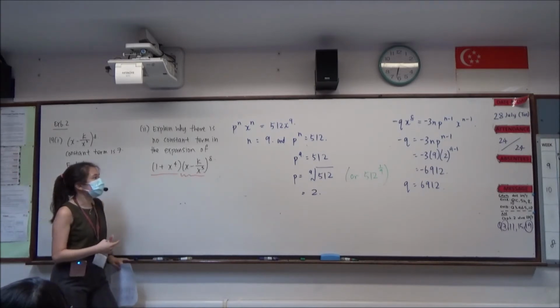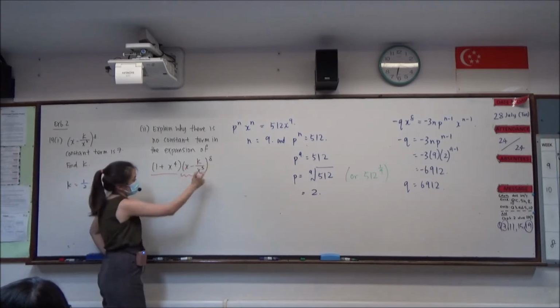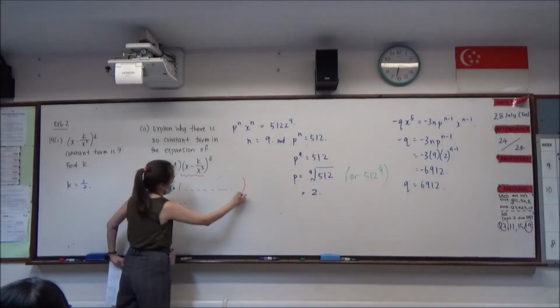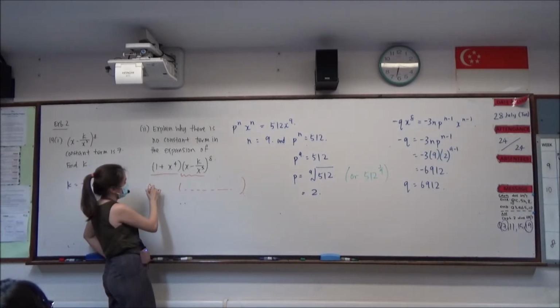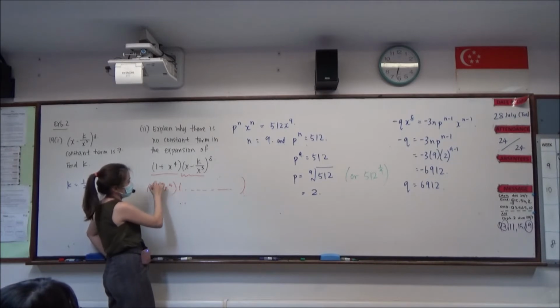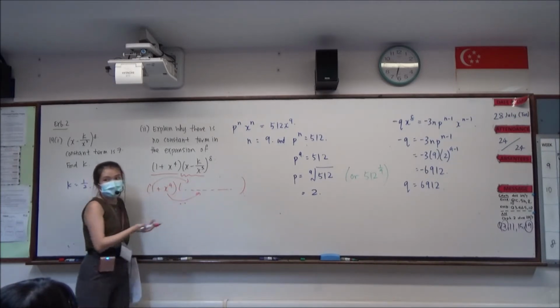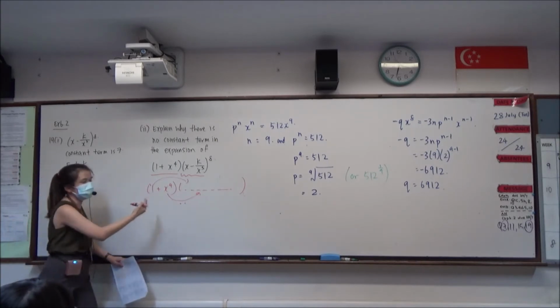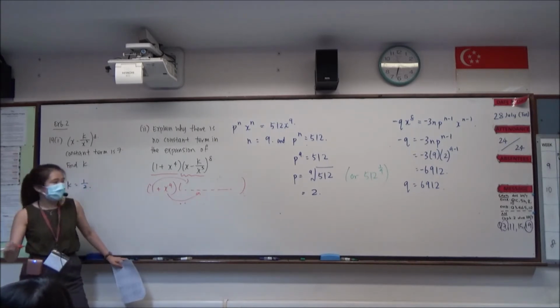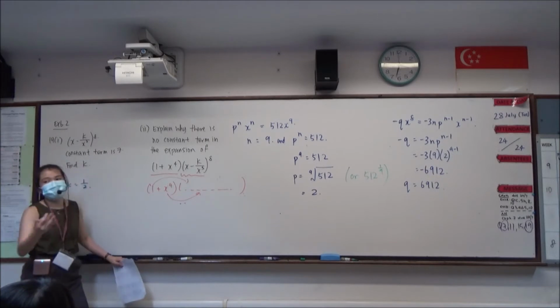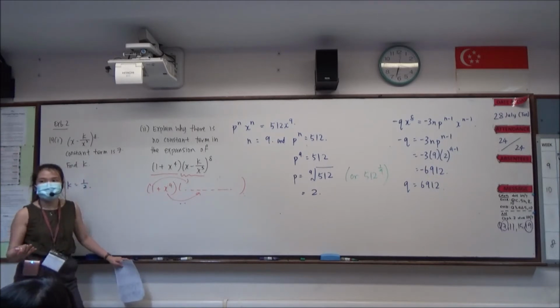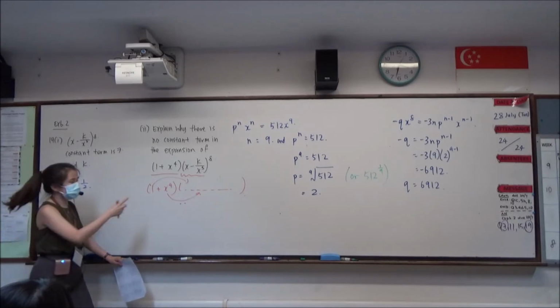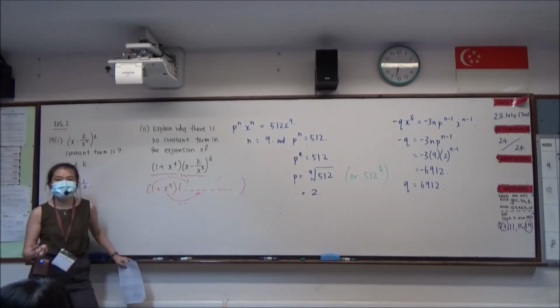So if I want to do my rainbow method, imagine this one is expanded with a lot of terms here. What is it that I need to multiply with 1 in order to get a constant term? And then what is it that I need to multiply with x to the power 4 in order to find a constant term? So I need to go in search of the constant term through the rainbow method, the expansion itself.